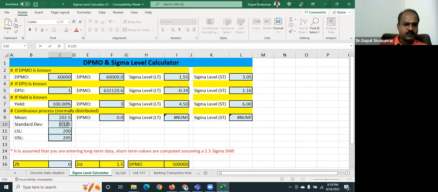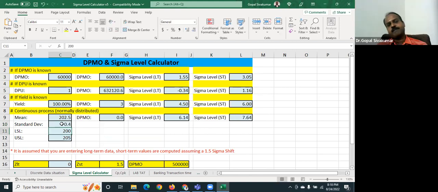Whatever the actual value you put, it will come here. Your sigma levels are very high because I kept the variation very low. When I increase the variation, you can see sigma levels going down. So far, good, all of you?